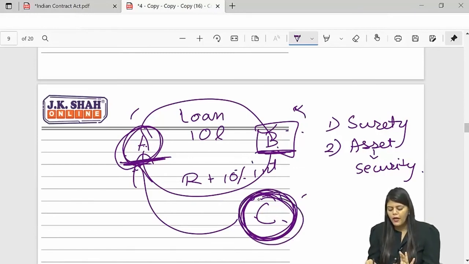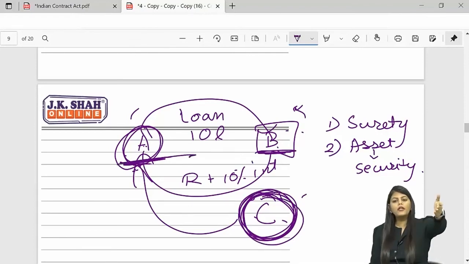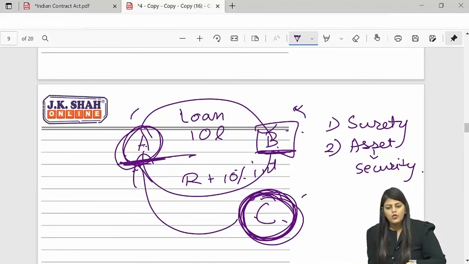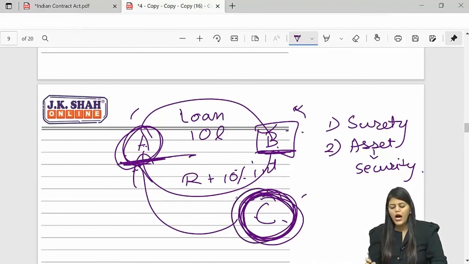Therefore, C had to pay everything to A. Now, in that particular case, bacha, C can tell A, you got your money, I paid you. Now, please give me those assets which you have as security, because now I want to sell them and recover my money. So C has a right to ask for the principal debtor's securities from Mr. A, that is the creditor, if any.